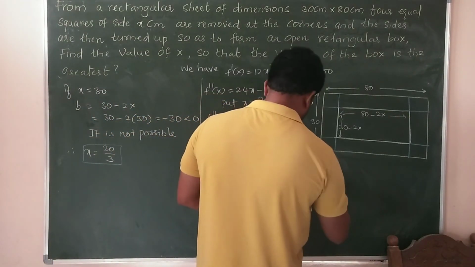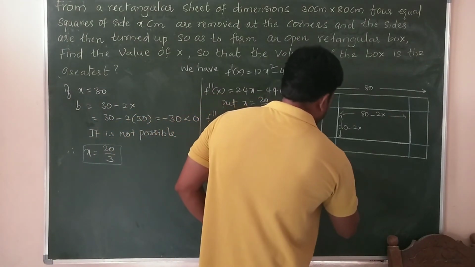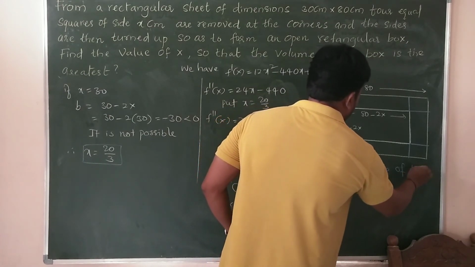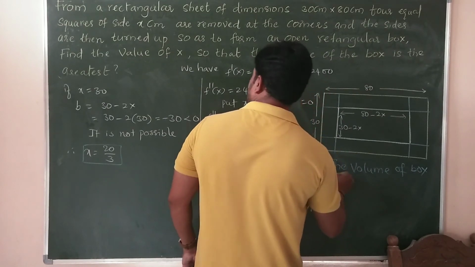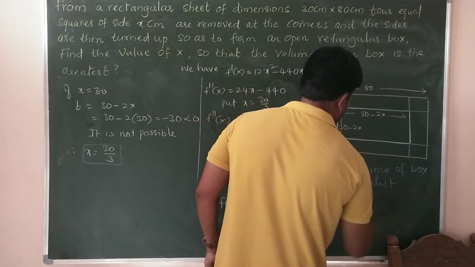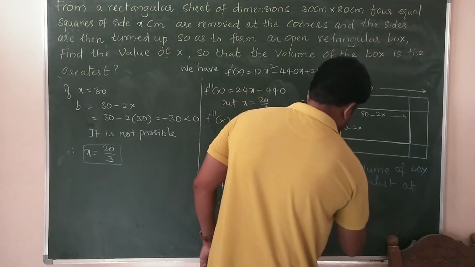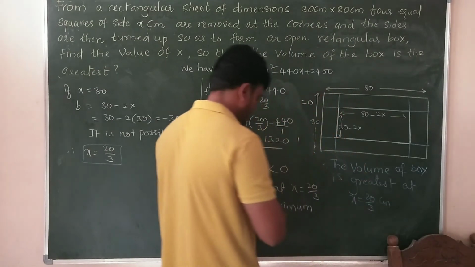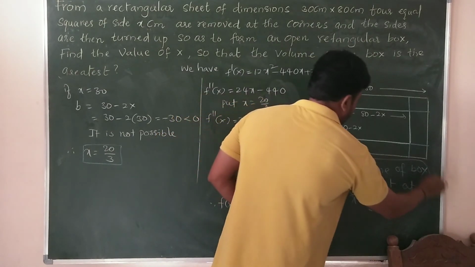Therefore, the volume of the box is greatest at x equals 20 by 3 centimeters. This is our answer.